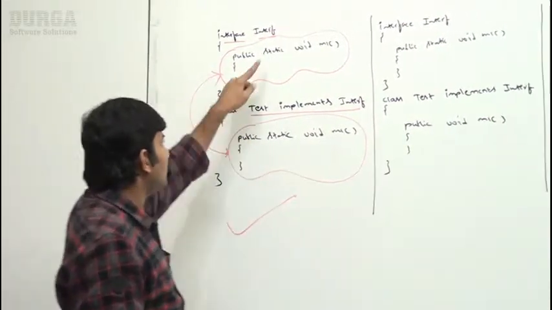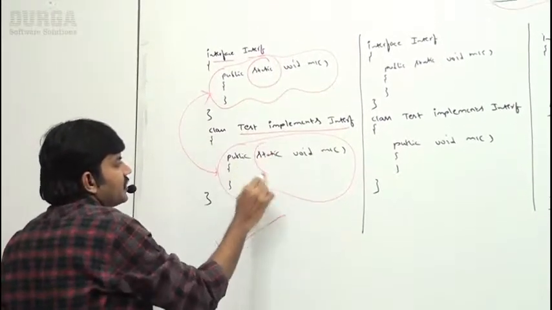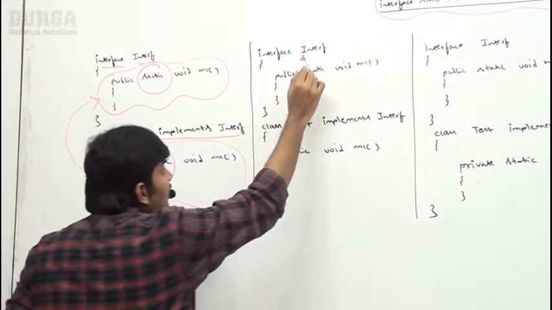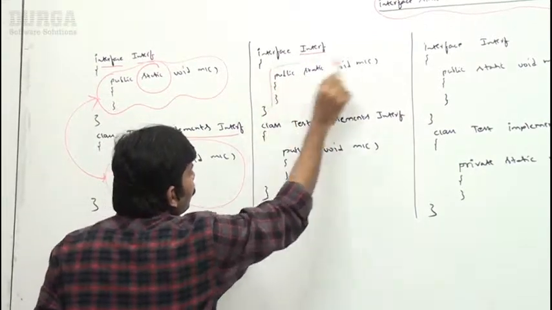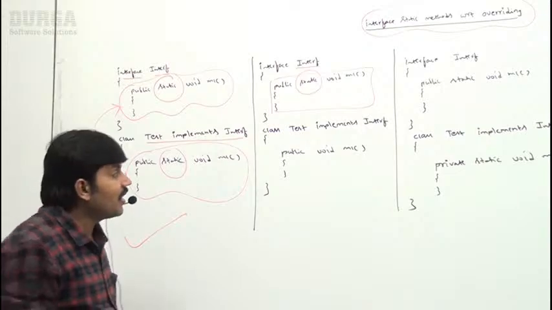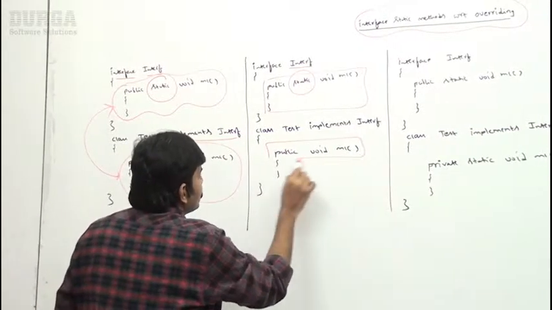Similarly, here observe both are static. Now let me go for the second example. Interface Interf has a static method, of course static. But in the implementation class, I am defining it as non-static.